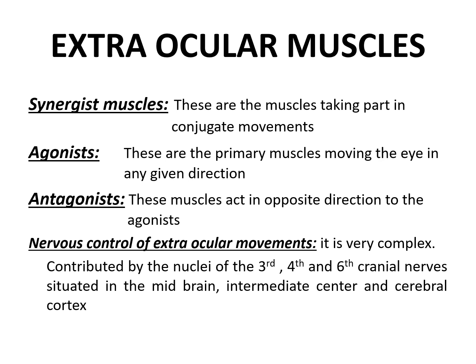There are the synergist muscles, agonist, and antagonist. Synergist muscles are also called the yoke muscles. They are paired muscles, each in one eye, as the lateral rectus is paired with the medial rectus of the opposite eye. They are governed by Hering's law of equal innervation.